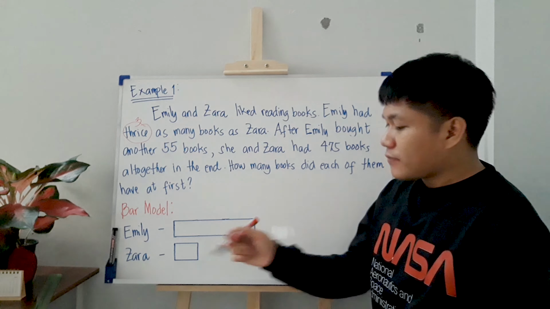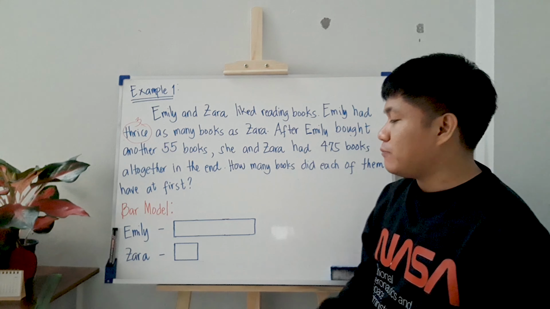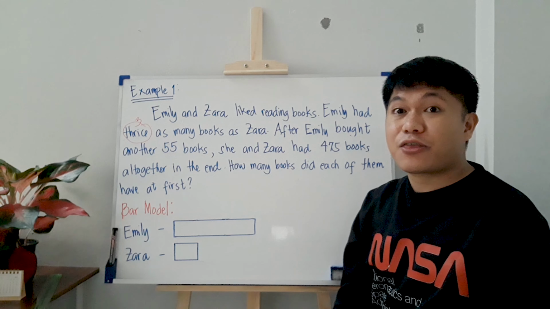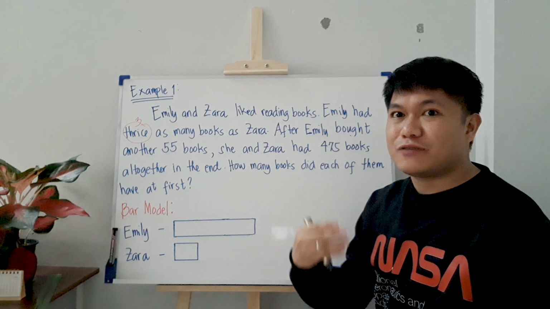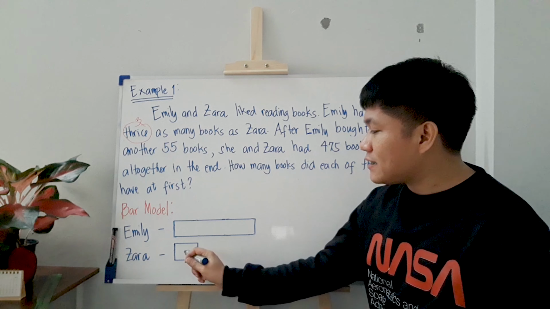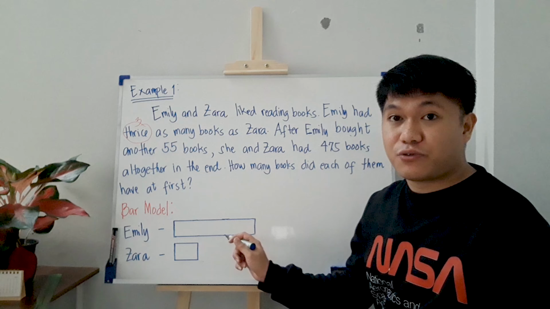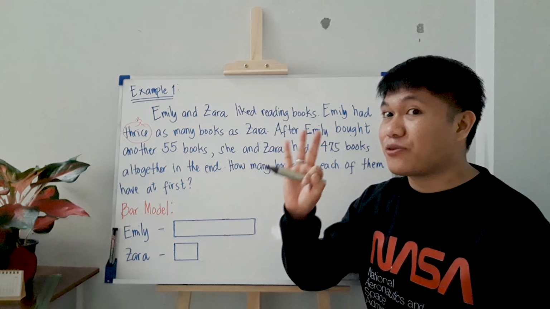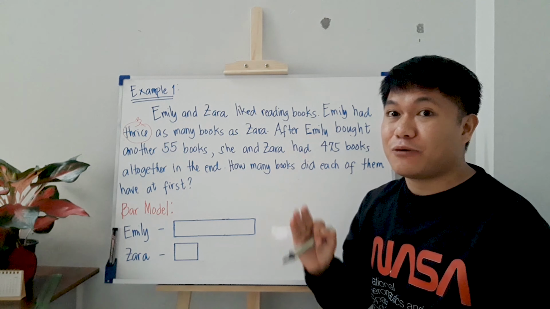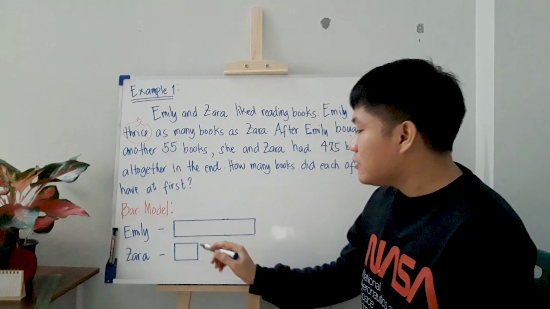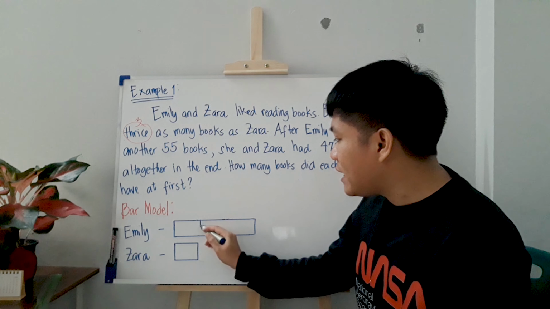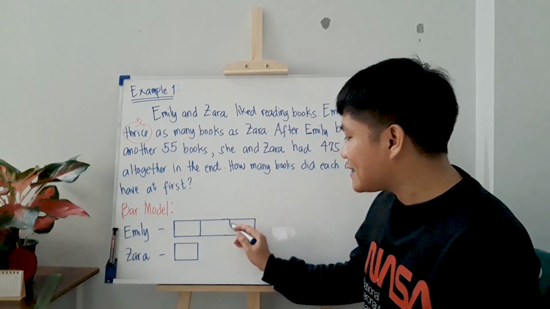And then we are going to represent that in the bar model. Since Emily has thrice the number of books of Zara, Zara will represent 1 unit here, and this bar will be divided into 3 since Emily has 3 times as many books as Zara. So we are going to divide this into 3 units.